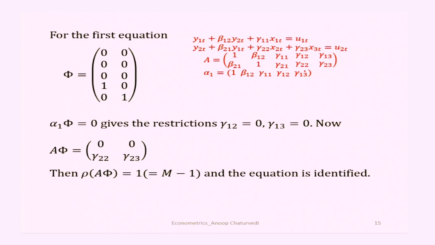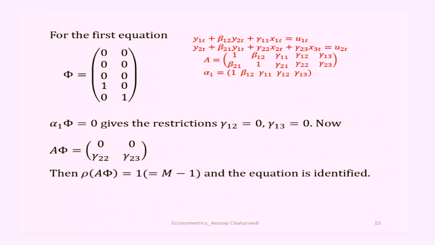So, we check the identifiability of first equation, and then we have the restrictions, say gamma 1 2 and gamma 1 3 equal to 0. We define the matrix capital phi equal to, say 0 0 0, you have one restriction gamma 1 2 equal to 0.